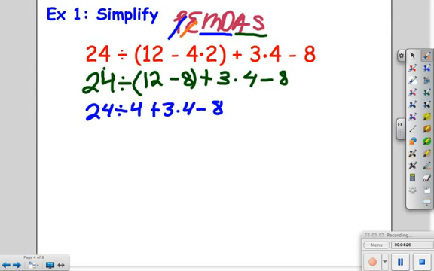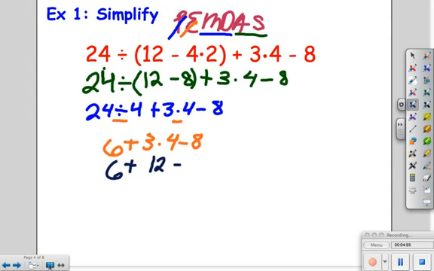At this point, I've got multiplication and division that I'm going to do next. Here I've got division, here I've got multiplication. So I'm going to work that left to right. So I'm first going to take 24 divided by 4. Next, I'll finish out that step by performing my multiplication.